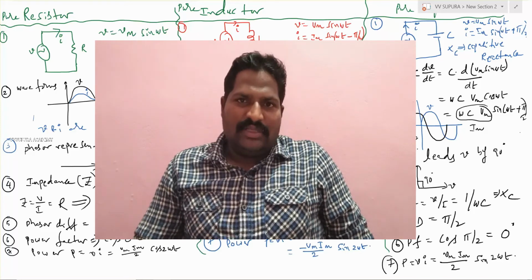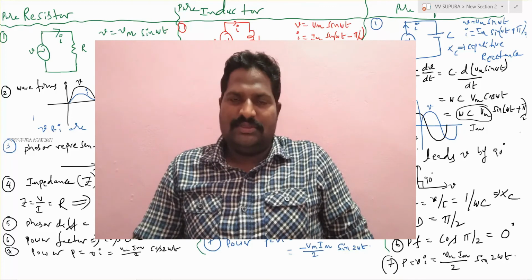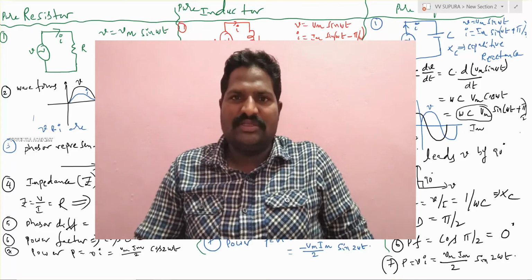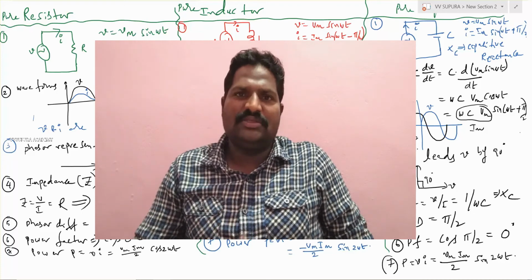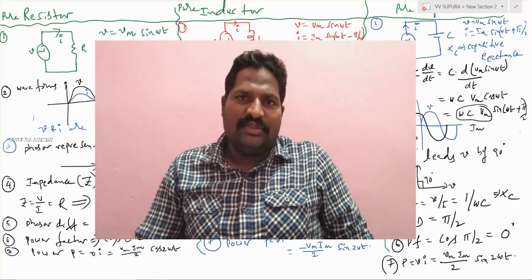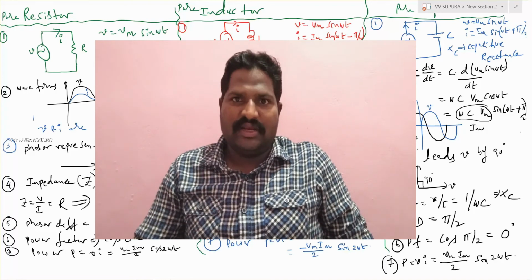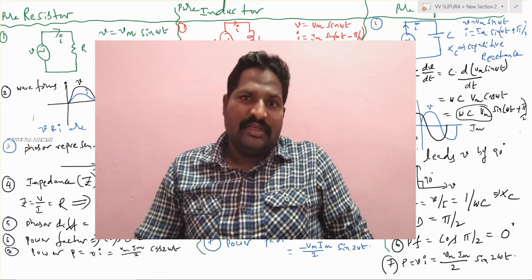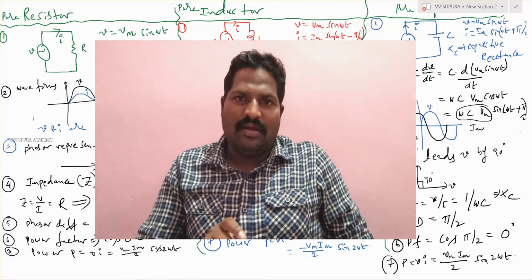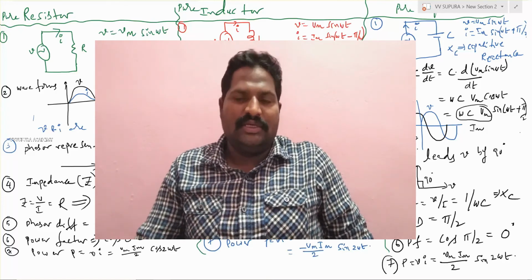In the next class, we are going to discuss a mix of these things, when the resistor and inductor are present. Up to now we discussed pure resistor, pure capacitor, pure inductor. In the next class we'll talk about when the resistor and capacitor are added, and when the resistor and inductor are added. These are called RL network, RC network and RLC network.